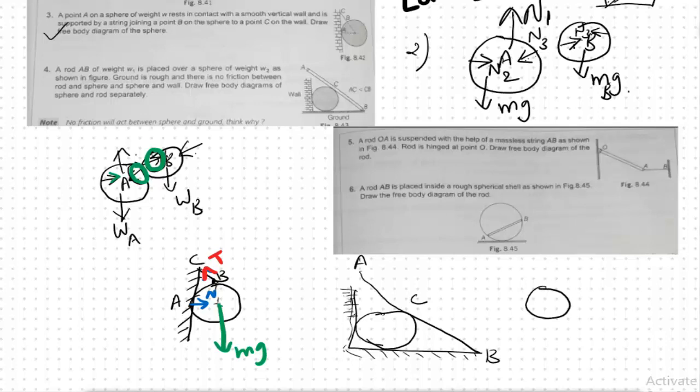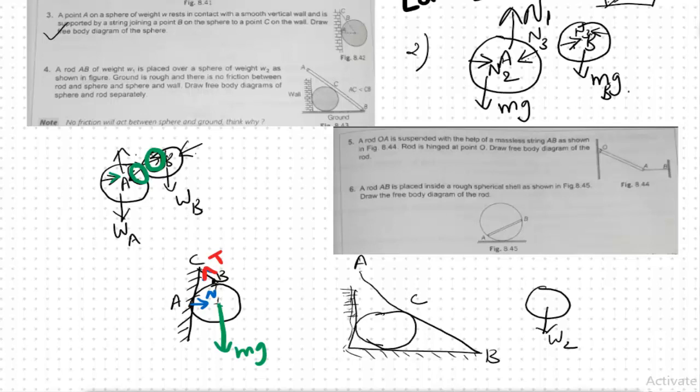So first I am going to consider the sphere. The sphere's weight W2 is acting, right? A sphere of W2 and a rod of W1. So W2 I am representing as the weight here. And it is in touch with this point, right? It is in touch with the wall.